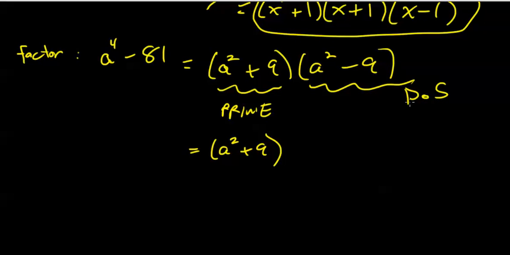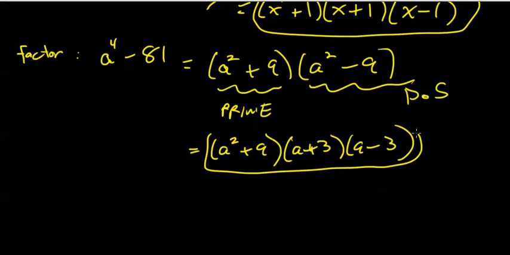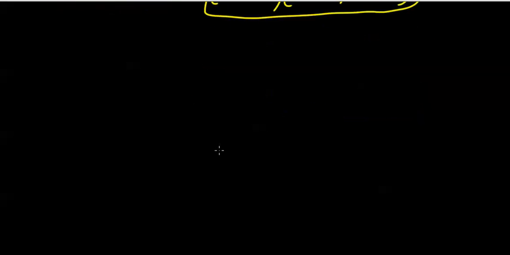A squared minus 9 is indeed equivalent to a plus 3 times a minus 3. Is it not? Alright. So there's my completely factored form for that given binomial.